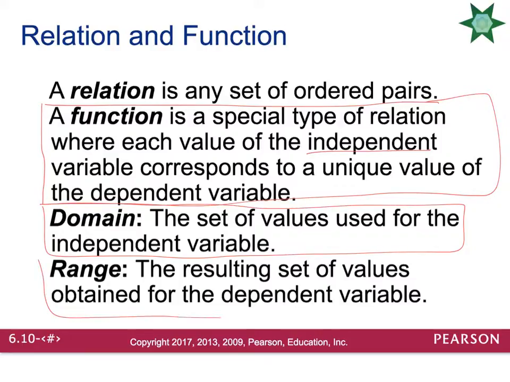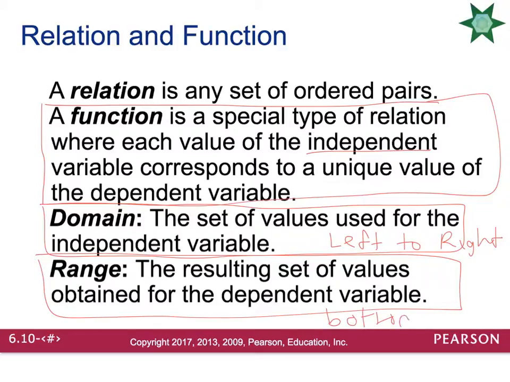And the outputs, the y values that come out after you input the x value, is going to be called the range. On a graph, you'll describe the domain from left to right, and you'll describe the range from the bottom of the picture to the top.